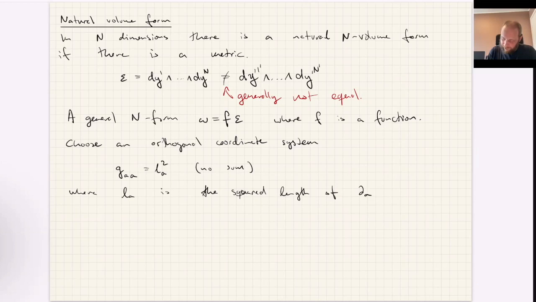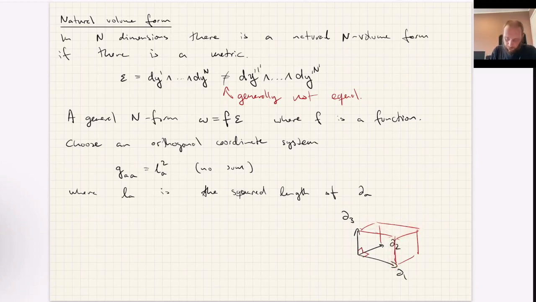So if I write here θ1, θ2, θ3, so if this is a block like this, all of the angles here are right angles, then the volume of this should be this length times this length times that length, right?